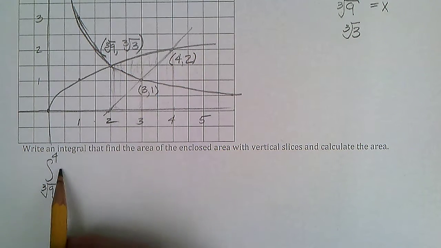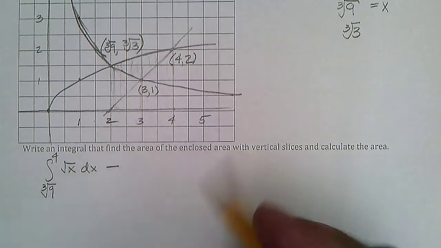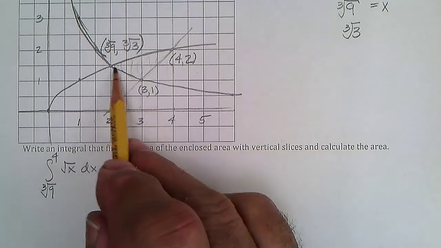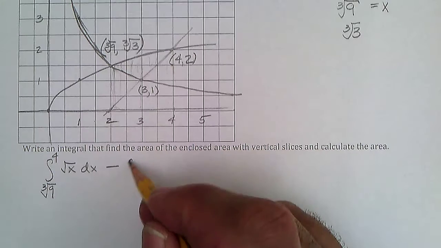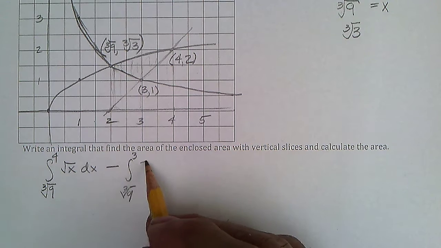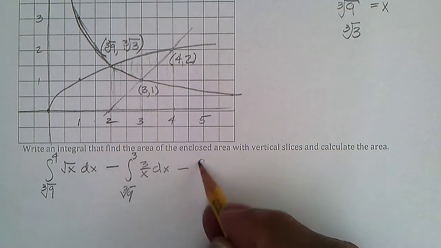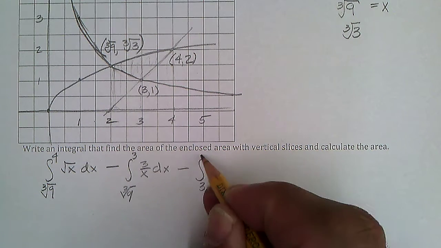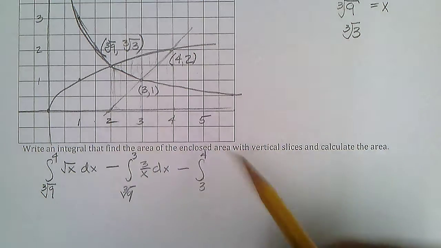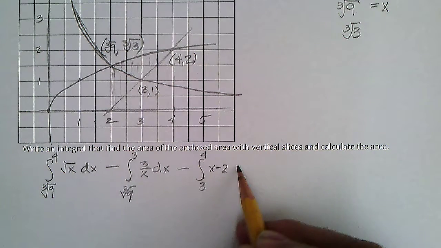of the top one, which is the square root of x dx, minus the area under this one from the cube root of 9 to 3 of 3 over x, minus the area from 3 to 4 under the curve, that's x minus 2.